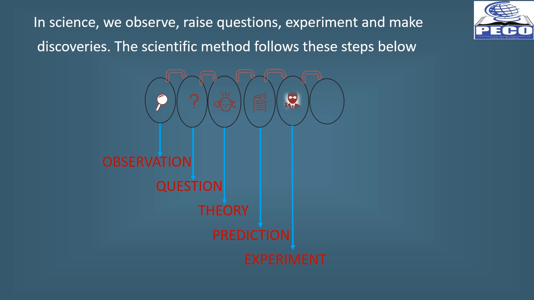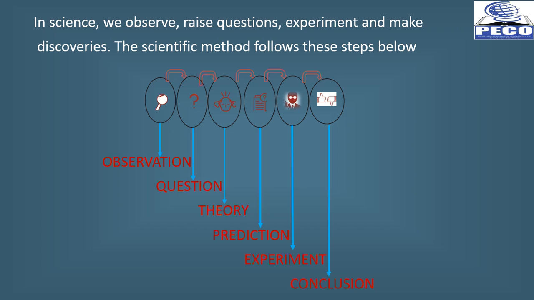After experimenting, you come up with a conclusion, showing that you have eliminated all the others. After carrying out the experiment, you conclude and come out with one solution, and that is the procedure for the scientific method, the scientific way of doing things.